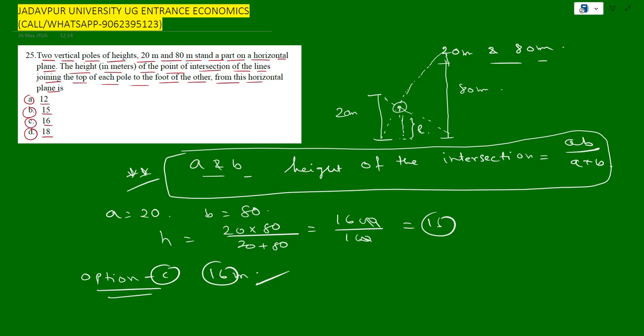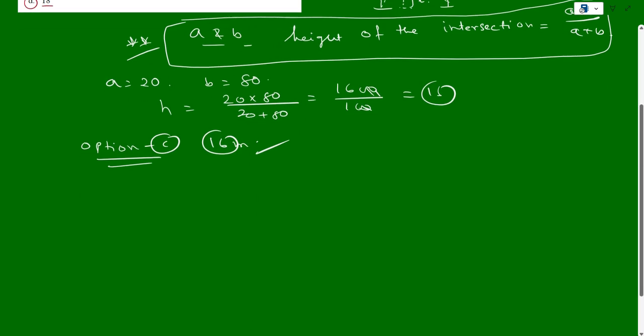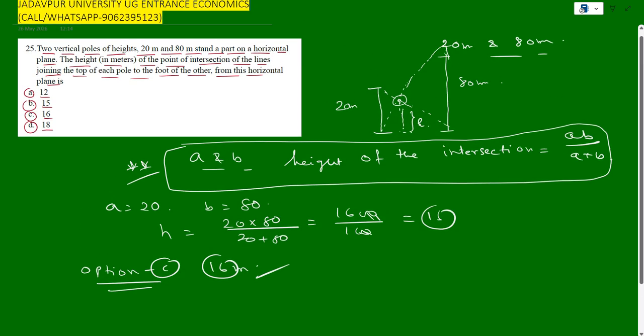Now, students, I'm telling you some important concepts. If two lines connect opposite ends like this, the intersection height is not the arithmetic mean. Many students incorrectly do 20 plus 80 by 2, which is 50. No, this is not the average height problem. This is a harmonic type geometric relation.